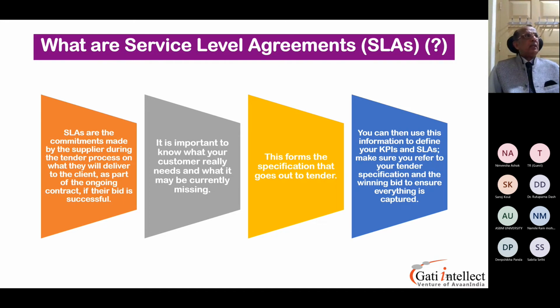Now, we have seen on day one that an RFP is sent and your potential vendor responds to the RFP. Now, in that proforma invoice, he may itemize the requirement as per the template provided.